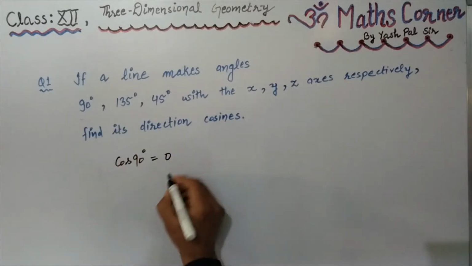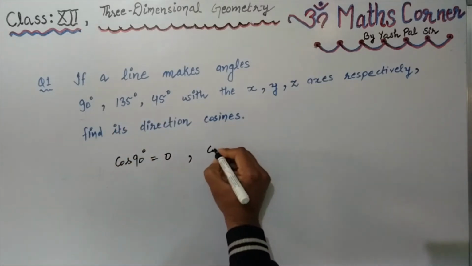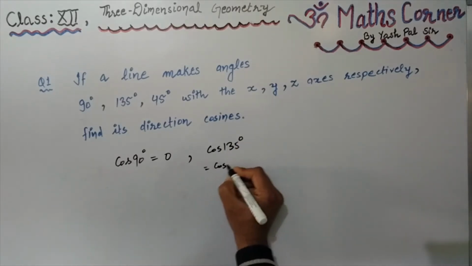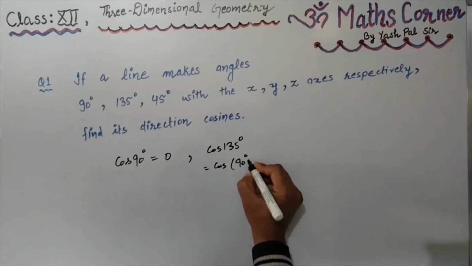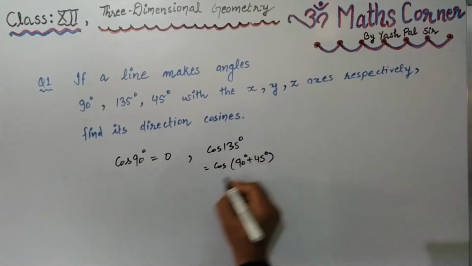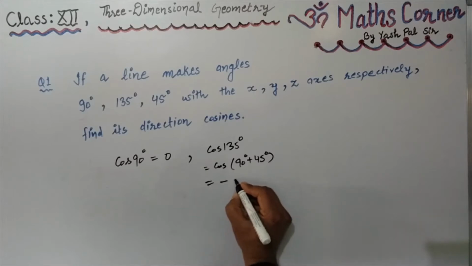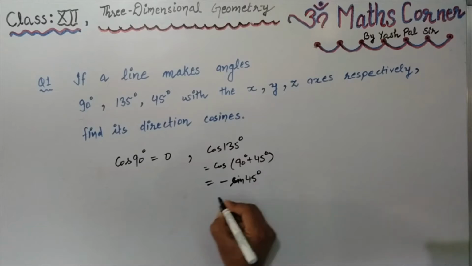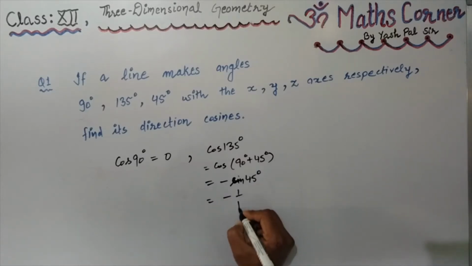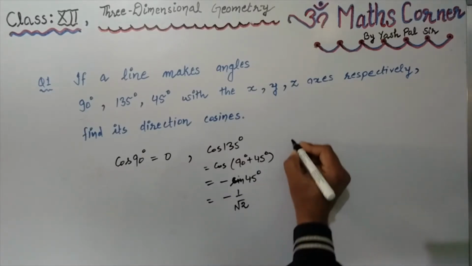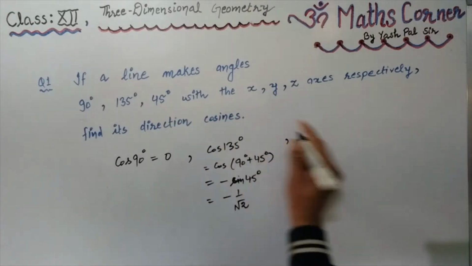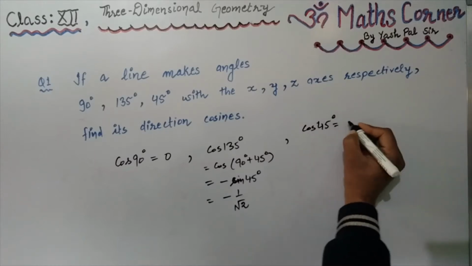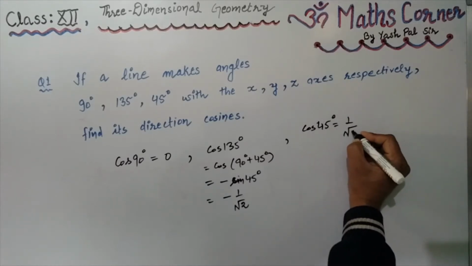Similarly, cos 135 degree, which is equal to cos of 90 degree plus 45 degree. In the second quadrant, cos is negative, minus cos becomes sine of 45 degree, which is equal to minus 1 upon square root of 2. Third, with z axis 45 degree, cos of 45 degree is equal to 1 upon square root of 2.